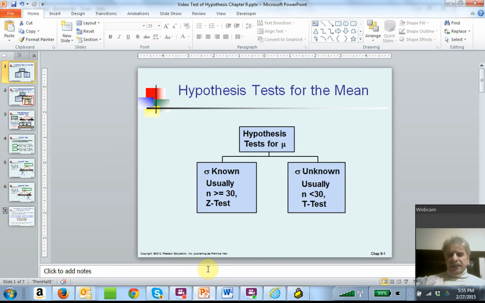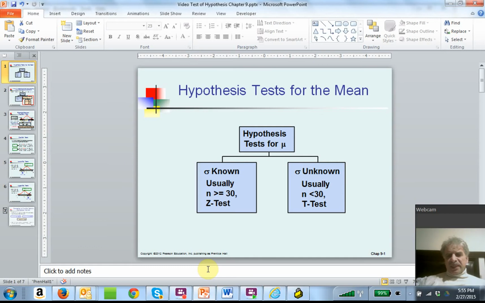One is the z-test and one is the t-test. Your book uses standard deviation: if the population standard deviation sigma is known, use the z-test. If it is unknown, use the t-test.